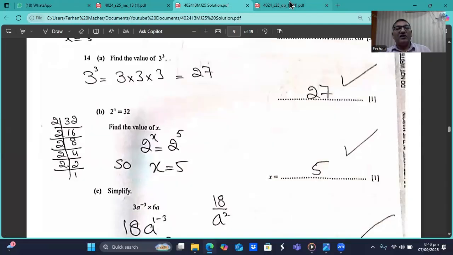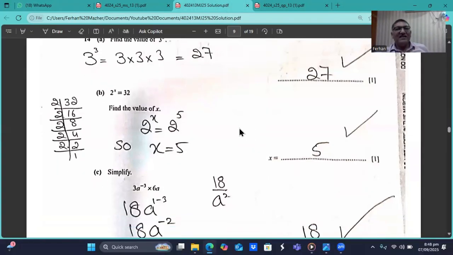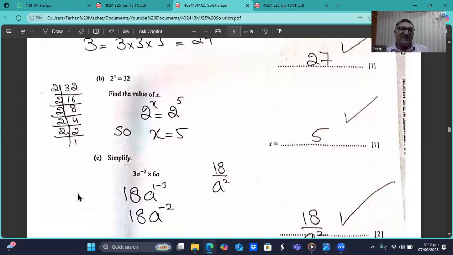So question number 14 is B part. He says 2 raised to power x is equal to 32. You see, you can prime factorize 32. I just remember it means 2 raised to power 5 is actually 32. You can prime factorize if you do not remember it. So for you, we have written here the prime factorization of 32, because I will try to make the bases on both the sides the same.